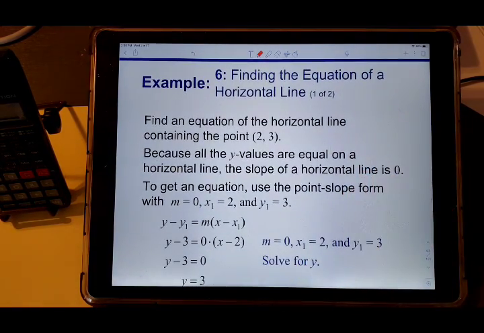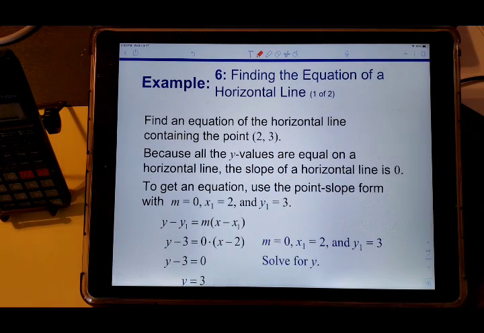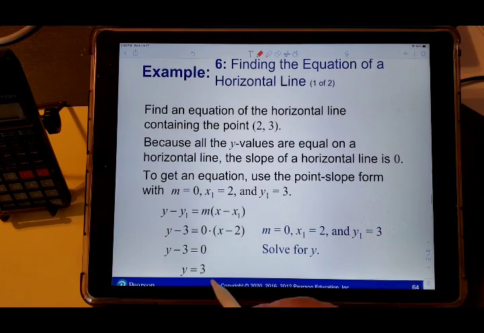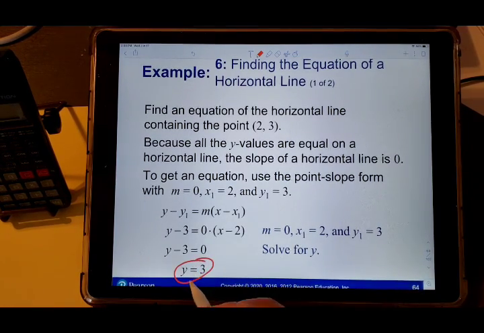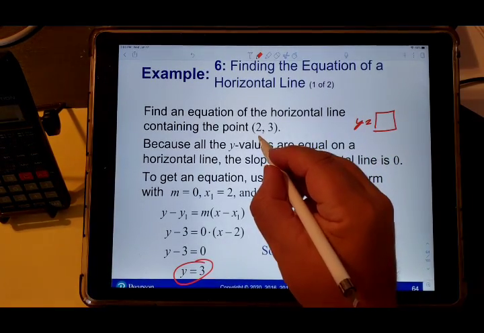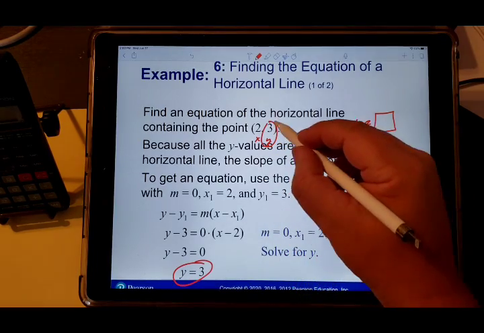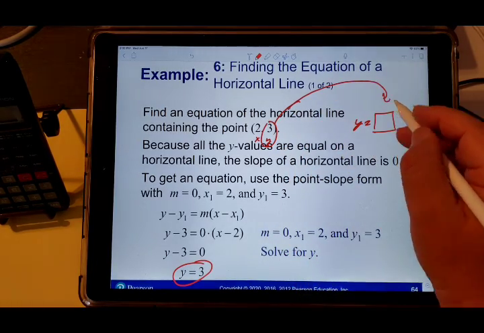New example, find the equation of a horizontal line. Well, this one's actually a lot easier than it looks. They went ahead and used that formula to find the equation of a horizontal line, but we kind of knew the equation of the horizontal line was going to be y equals blank. And if y is 3, in this example, it's 3 everywhere.